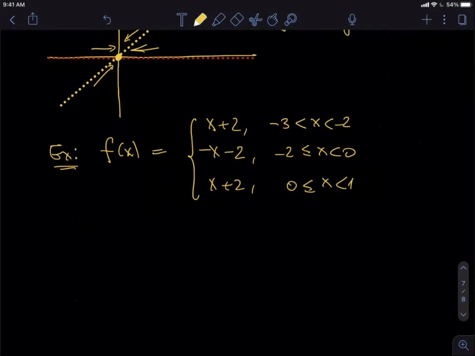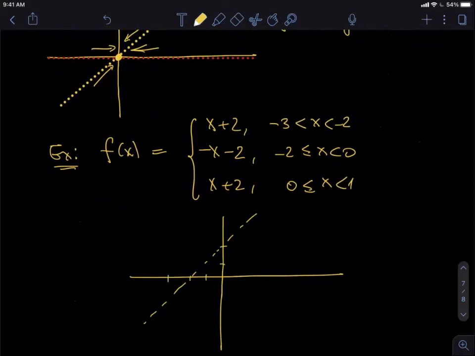In this case, this is actually much easier. So at -2, we have the function x plus 2, like this.